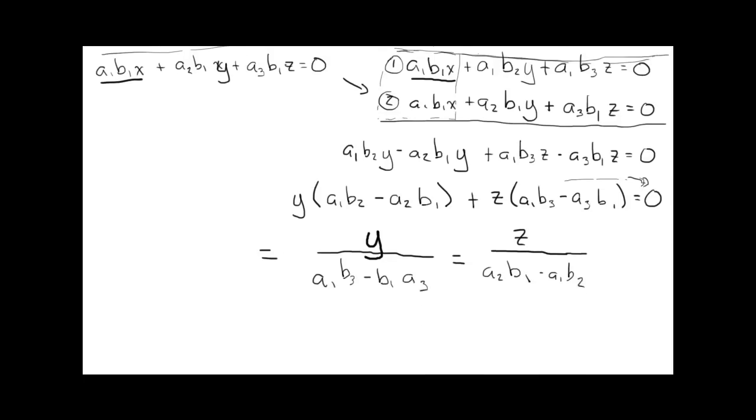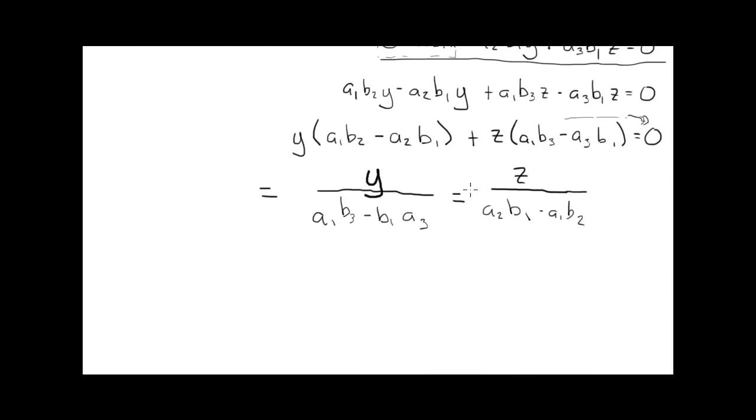If you had eliminated the y's, then you would have had x and z in this equation. You would have got x would also be equal to these things, and x would be a2 b3 minus a3 b2. If you don't trust me, you can go back and verify that fact.